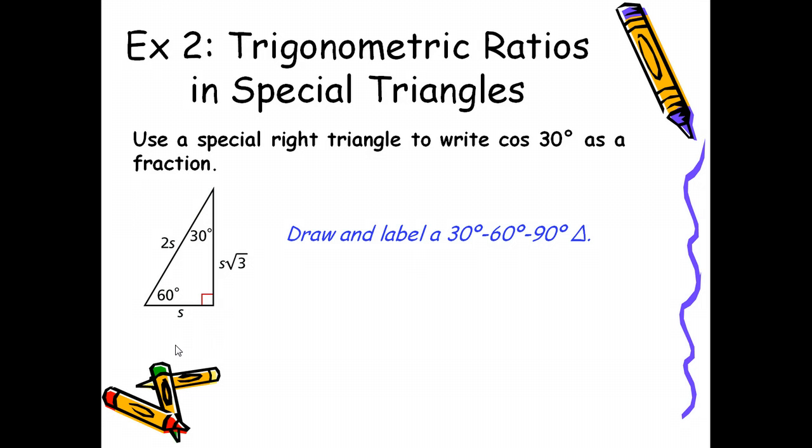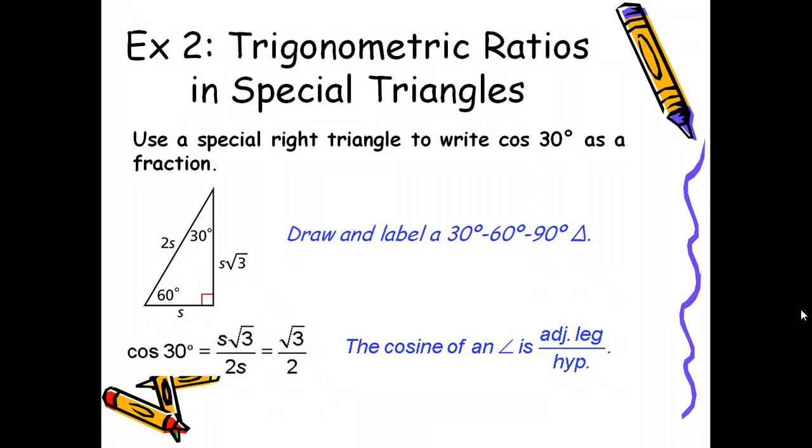We remember that the short side is s, the hypotenuse is 2s, and the other side is s square root of 3. So the cosine of 30 degrees, cosine is adjacent over hypotenuse, would be s square root of 3 over 2s. The s's will divide out, and I just have square root of 3 over 2.